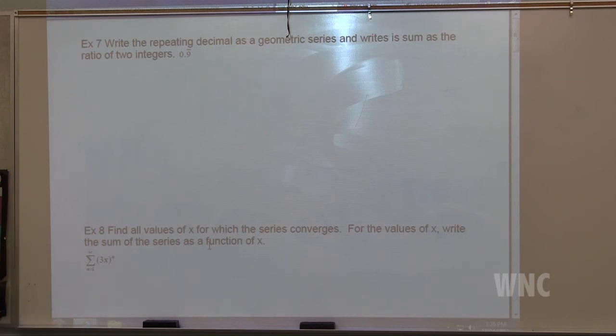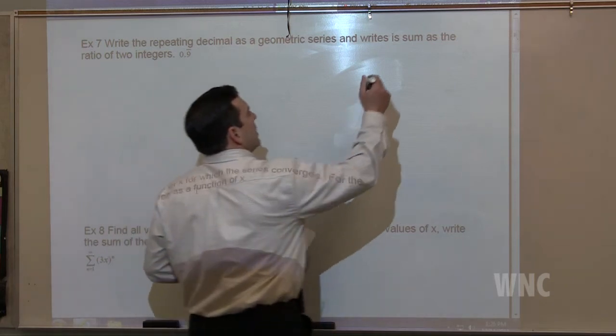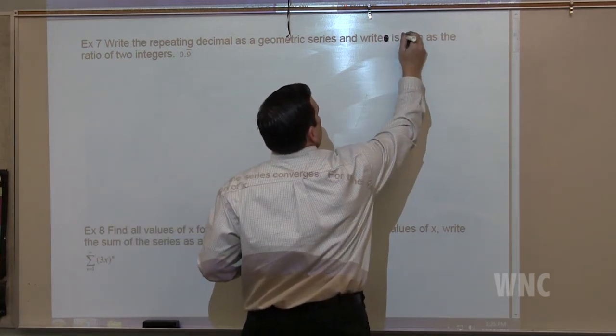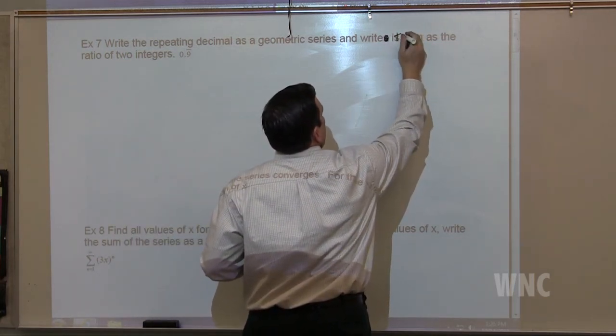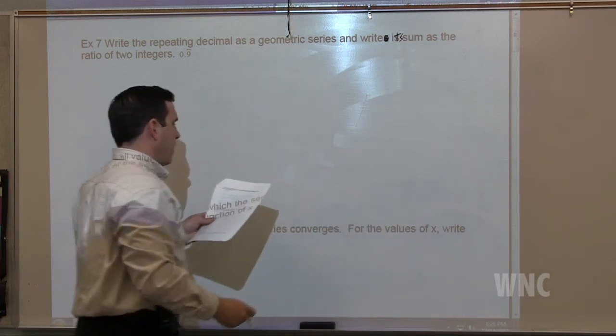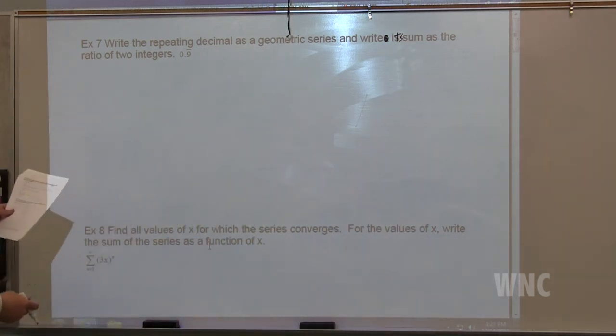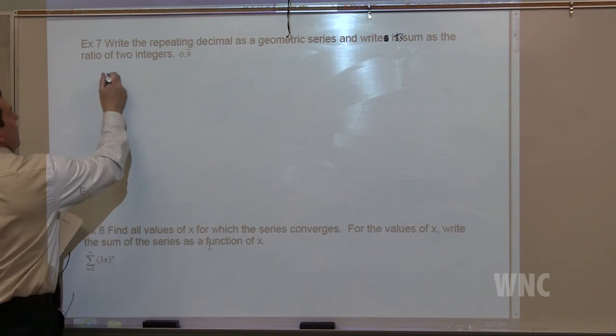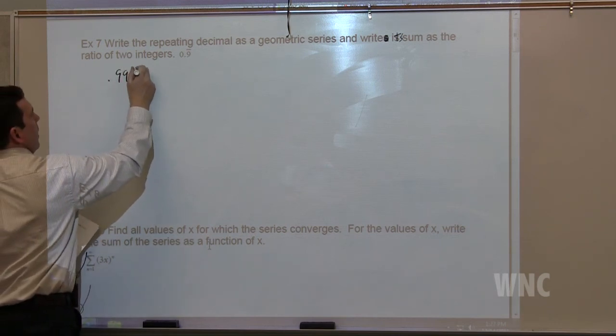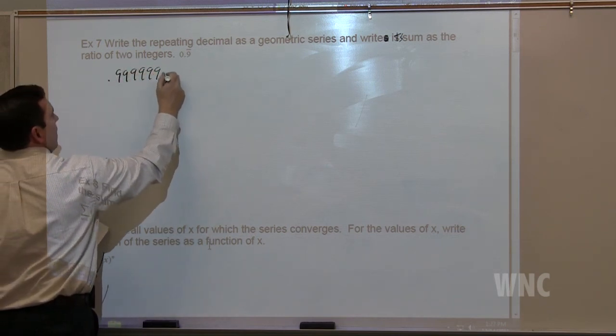Okay, write the repeating decimal as a geometric series, and write its sum as the ratio of two integers. So what we have is 0.99999.